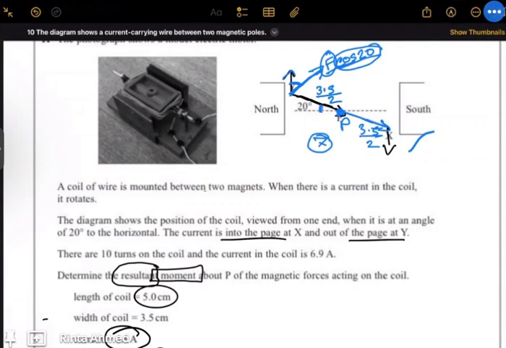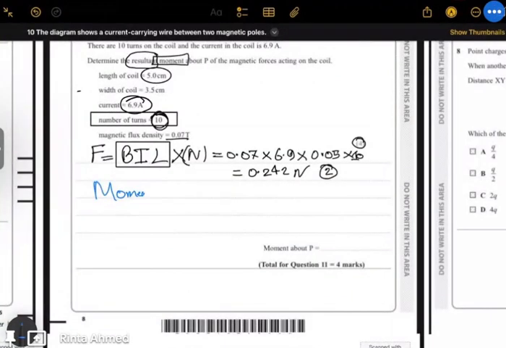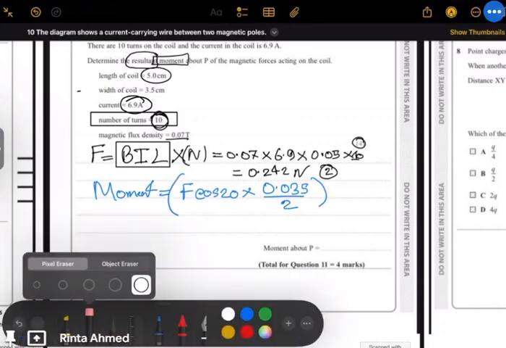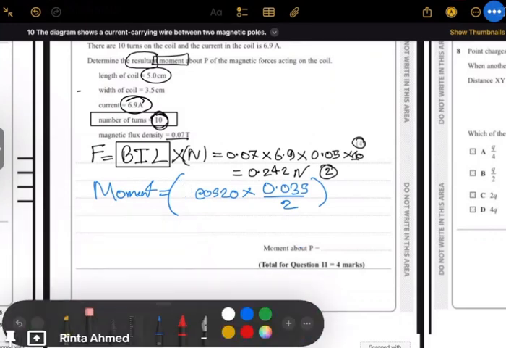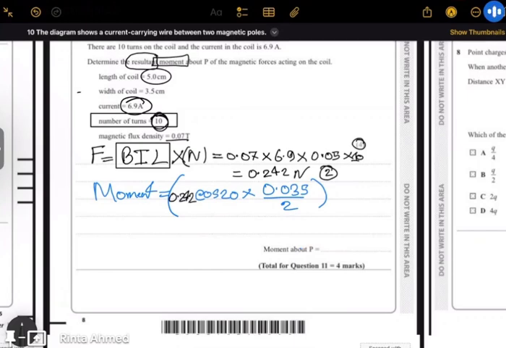So let's find out here, which will be moment is equal to F cos 20 into 0.035 divided by 2, and this F is going to be 0.242. Cos 20 into 0.035 divided by 2.